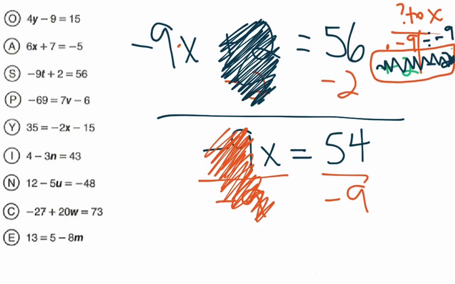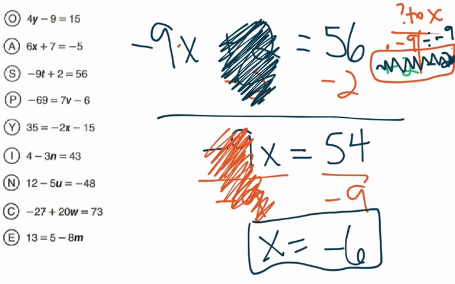And I'm going to get x equals positive 54 divided by -9. So in your calculator, you're just going to put 54 divided by -9, and you should get -6. So hopefully you got that. And we're going to keep working them out.